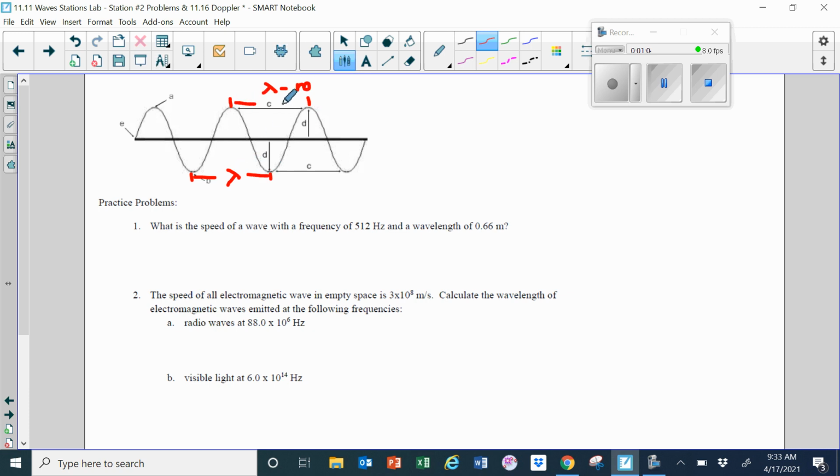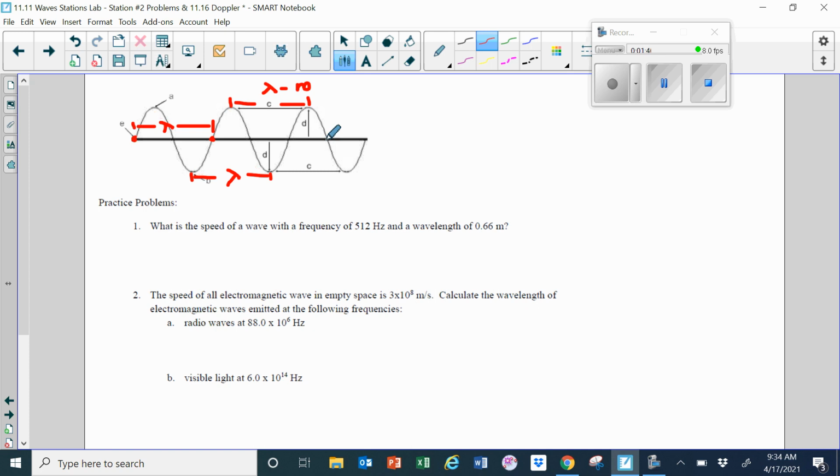And then the last one is if you measure it from, say, equilibrium, moving toward the crest, then you follow the wave to the same spot at the end of that wave, where the wave is at equilibrium moving toward the crest again, then this would also be the wavelength. And you notice this is again the same distance, right? So the wavelength is, like it says, the length of the wave, and it's in meters.